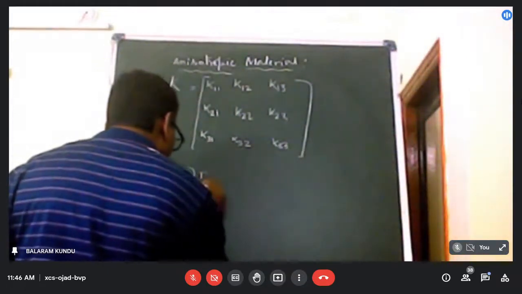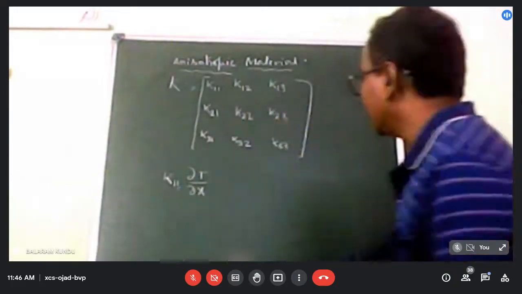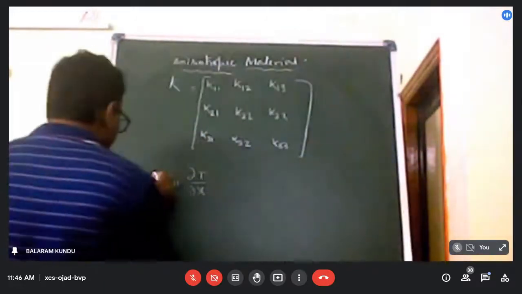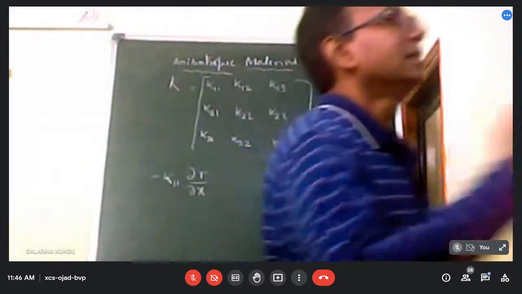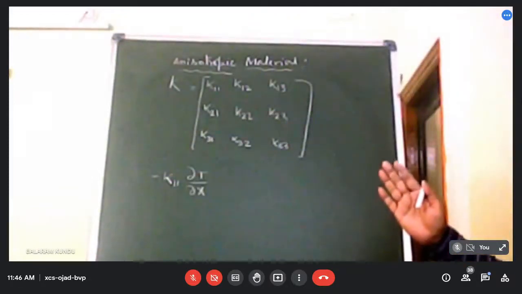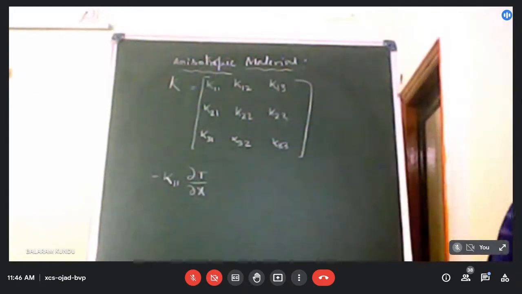Using Fourier's law of heat conduction, we can write K11 into del T del x, and a negative sign should be considered here. This factor represents the heat flux acting in the x direction for the temperature gradient del T del x.